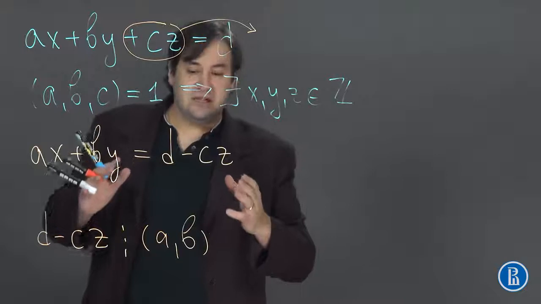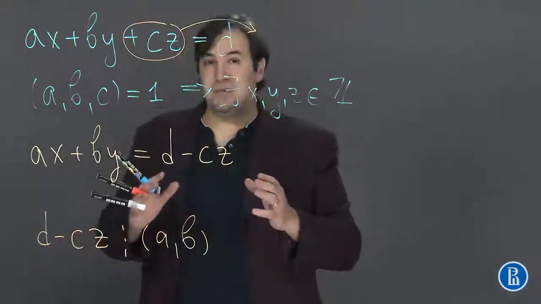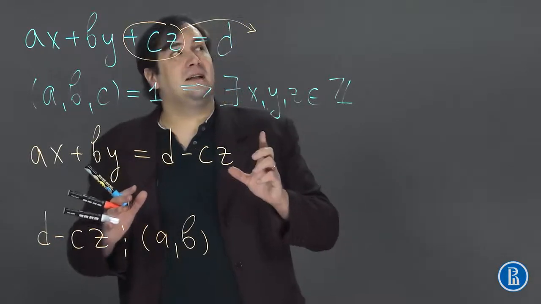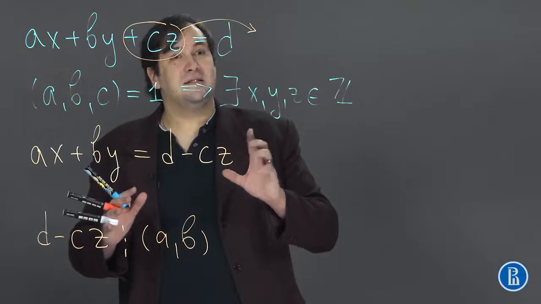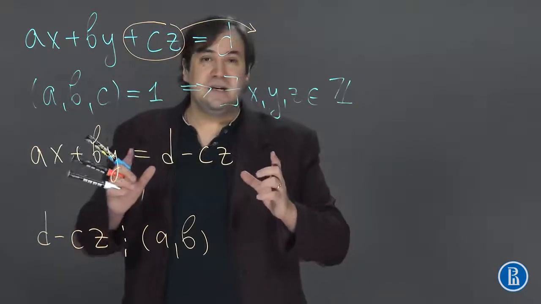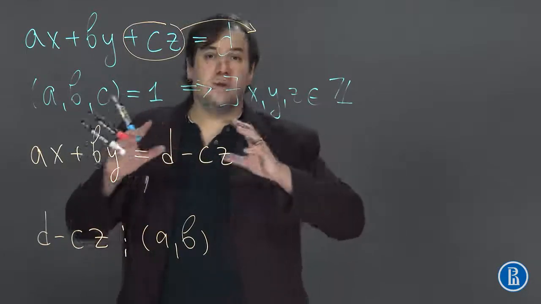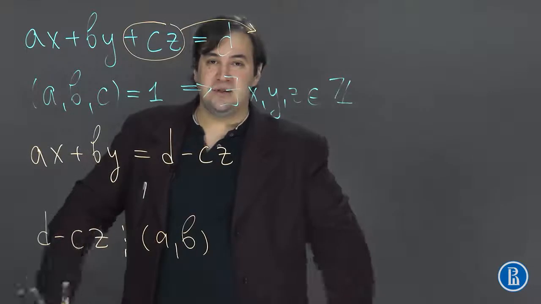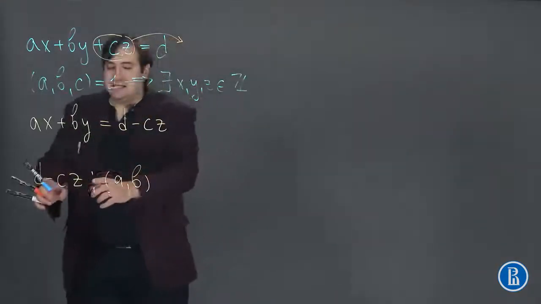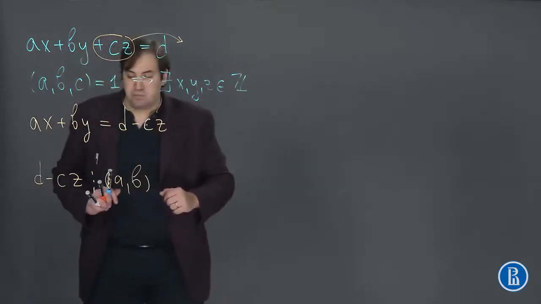But this is not necessarily so. Simply consider such numbers as 10, 15, and 6. These are three numbers. Two of them are not mutually prime, but all three, their greatest common divisor is equal to 1. So d minus cz should be divisible by the greatest common divisor of a and b.